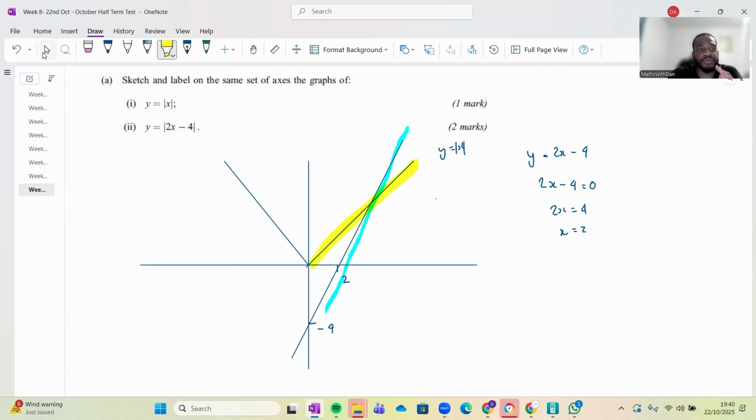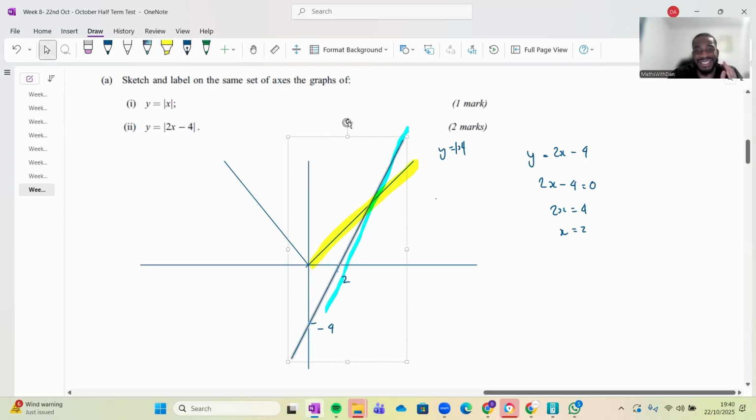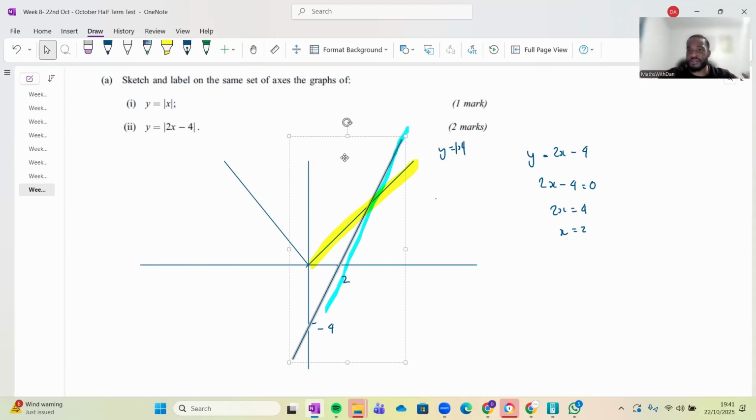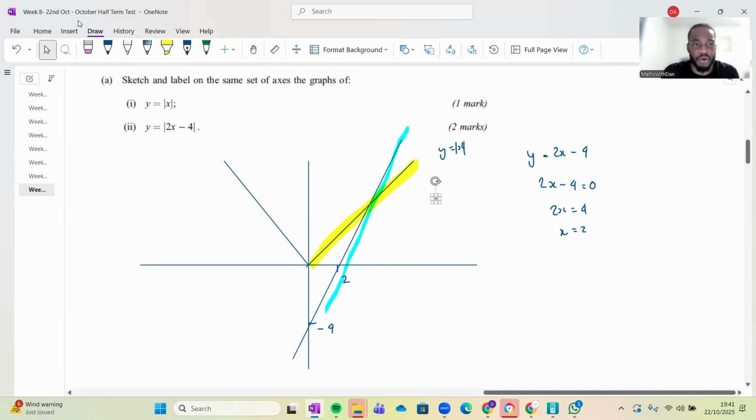I didn't draw the gradient steeper or flatter than one of the graphs, and I kind of drew it parallel. Because of that, I missed the solution. So I always remember to do that. My good friend Marvelous explained it to me. The gradients are different, so the graphs are going to be steeper than one another. So it's super important that you always account for the gradients. Just draw it a little bit steeper. Okay, so this is y equals 2x minus 4.